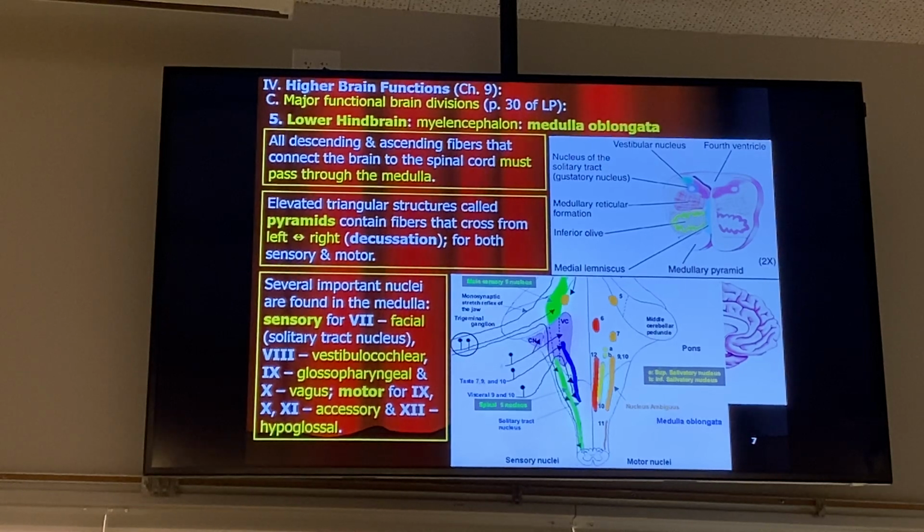So both in the pons and in the medulla oblongata, the cranial nerve nuclei are consecutive. 5 to 8, 7 through 12, and that is telling you the nuclei for cranial nerves 7 and 8 are big and are in both. 7 and 8 are in both pons and medulla.